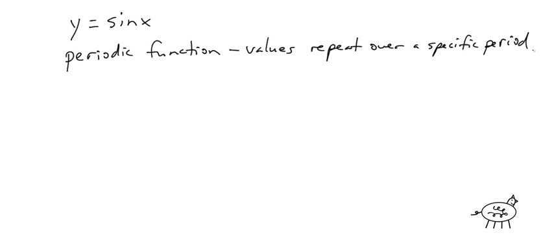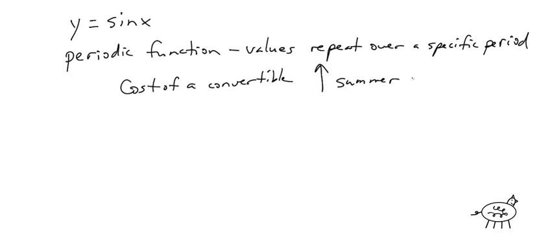Just to give you a real life example, the cost of a convertible. If you buy a convertible in the summer, the cost increases because you always want to buy a nice convertible with the top down and enjoy the nice air when it's warm out.